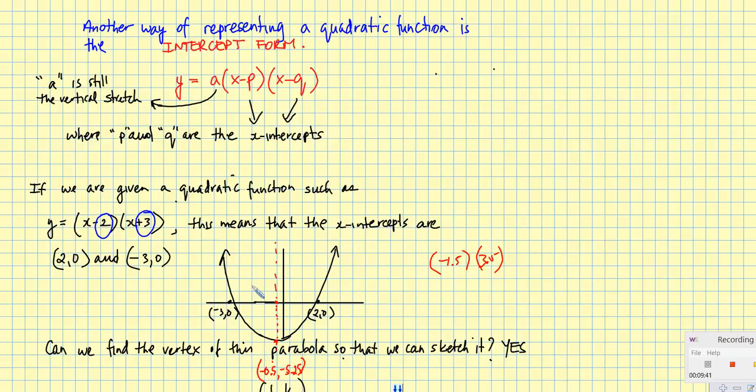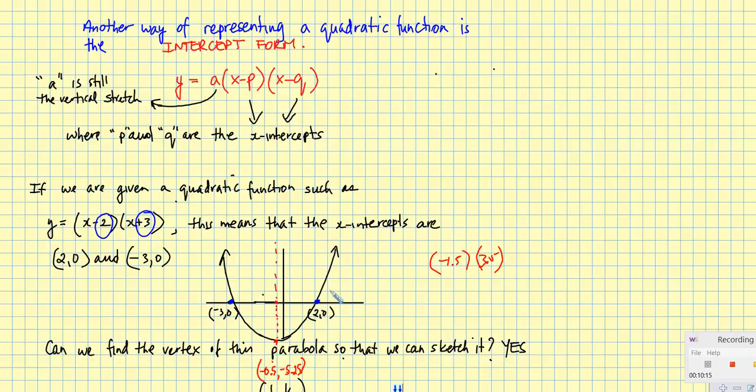So the question is, can I figure out what the vertex is of this parabola? Well, if we recall, the vertex, or the line of symmetry, that's the line that divides our graph exactly in half in the middle.